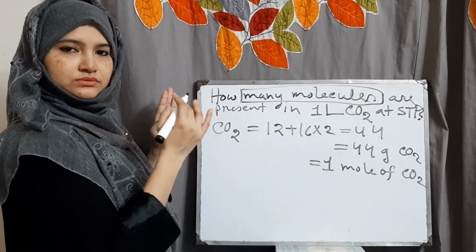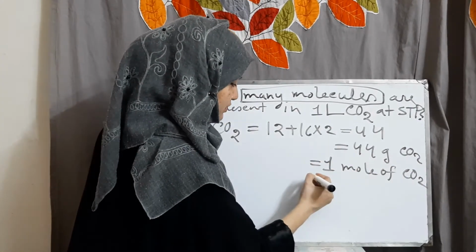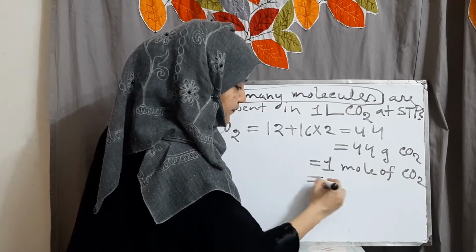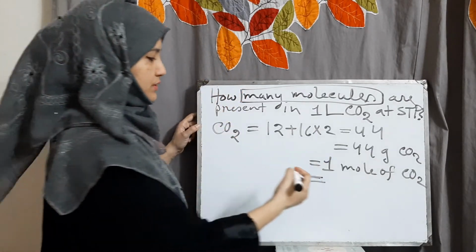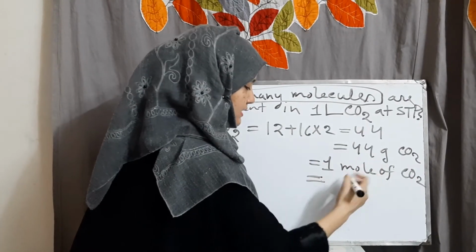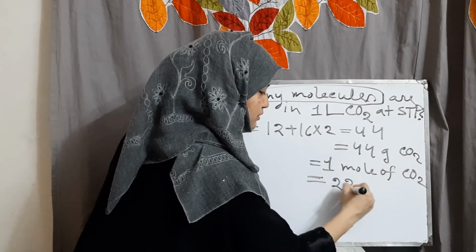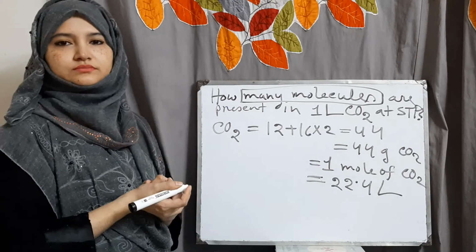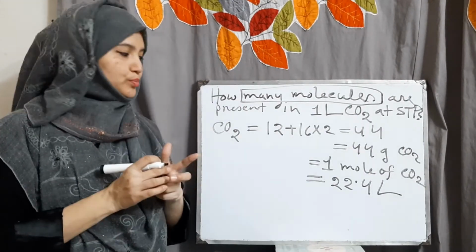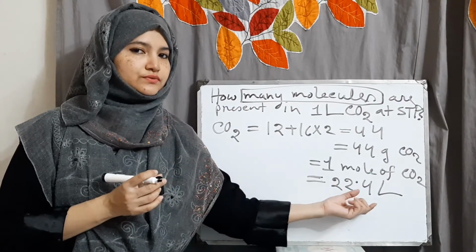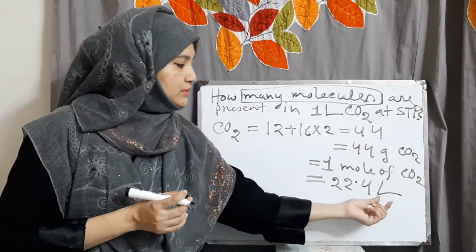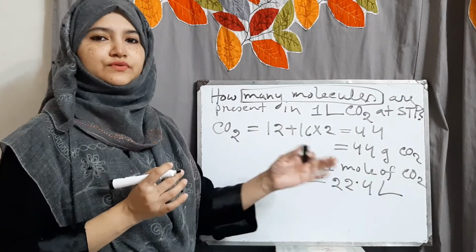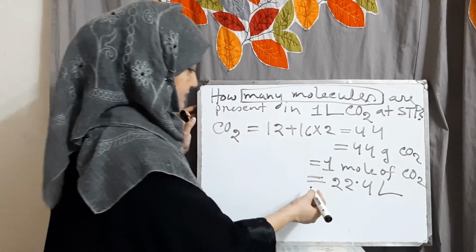And we know 1 mole of carbon dioxide gas takes the volume at STP of 22.4 liter, which is the molar volume of carbon dioxide at STP.